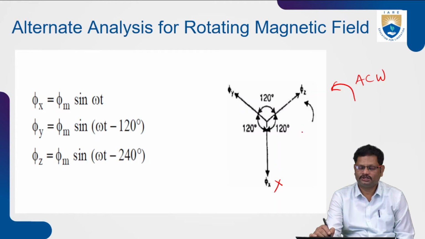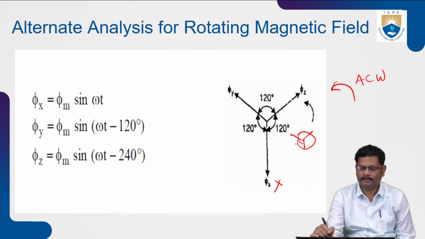The 360 degrees is divided among three phases: X phase, Y phase and Z phase, so they are electrically displaced by 120 degrees.